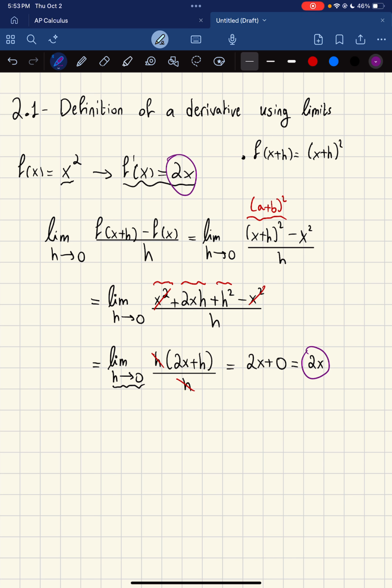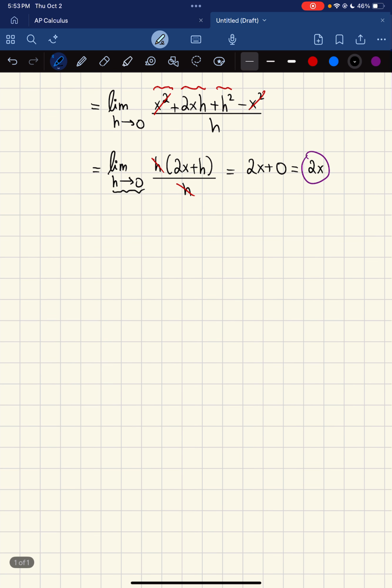We're going to do another example for this skill, which is basically f of x equals the square root of x. Now, if we want to find the derivative of this function using the power rule, we're going to say that square root of x is the same as x to the power of half.